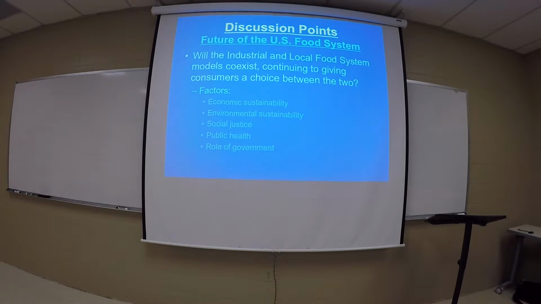I feel like they can coexist for a while, but sooner or later it'll just go to industrial, mainly due to population numbers. Because right now, currently, we can't feed everybody with a local food system of organically or sustainably raised animals or plants entirely. There's just so many people.